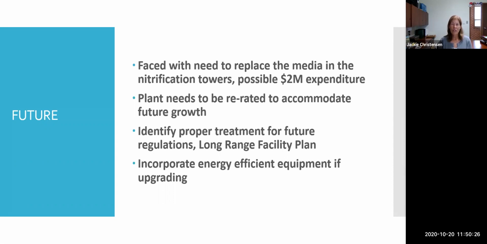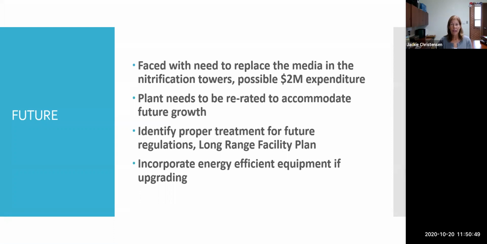So if we are going to keep those as a major part of our ammonia control, we're faced with probably about $2 million expenditures just to keep that process going. One of the other things we're going to have to do is re-rate that plant pretty soon.